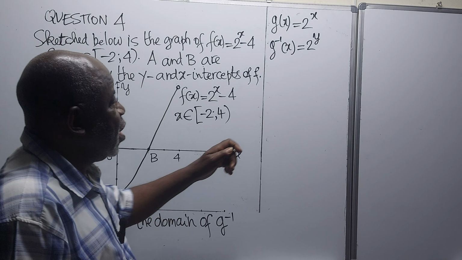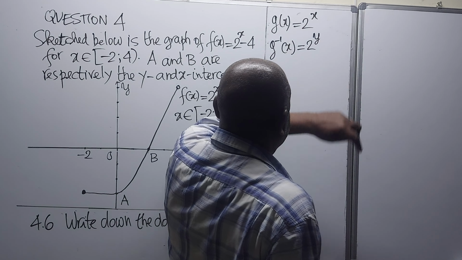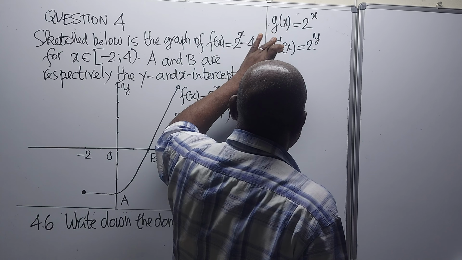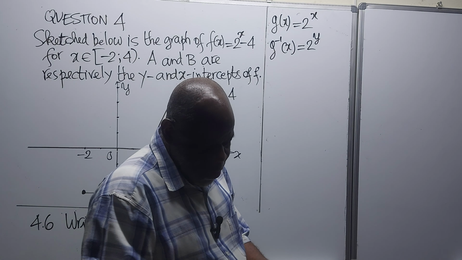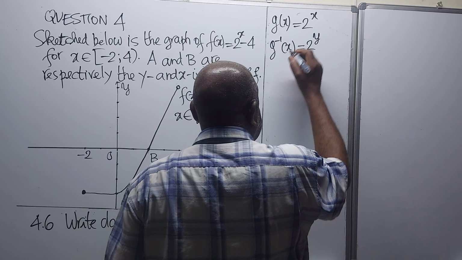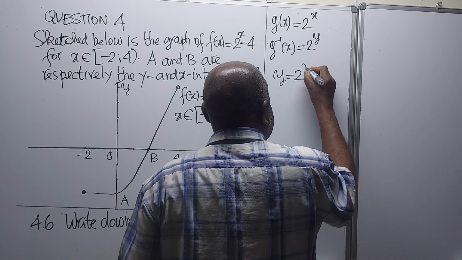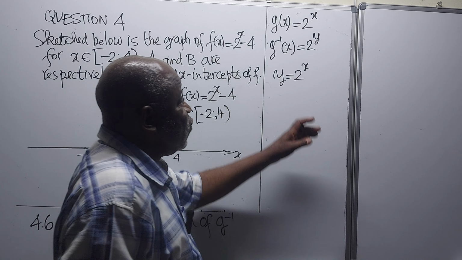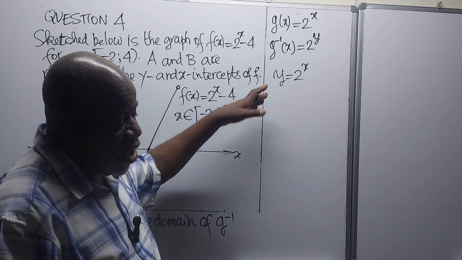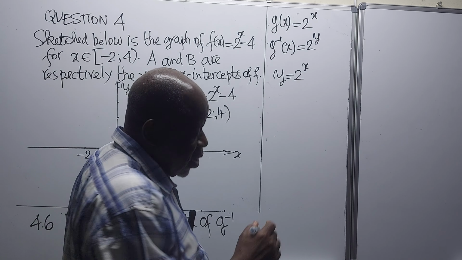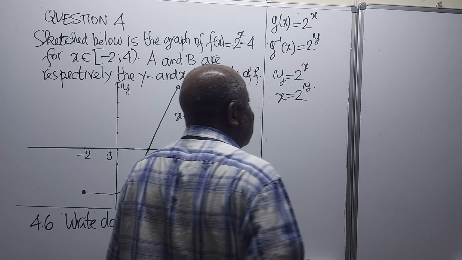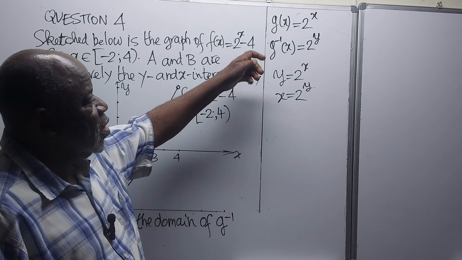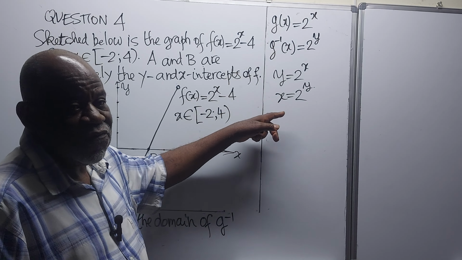Then here, g of x is 2 to the power of x, and g of negative 1 of x will be 2 to the power of y. So I can write here that y is equal to 2 to the power of x. For g of negative 1 of x, it is going to be x is equal to 2 to the power of y. This is for g of negative 1.